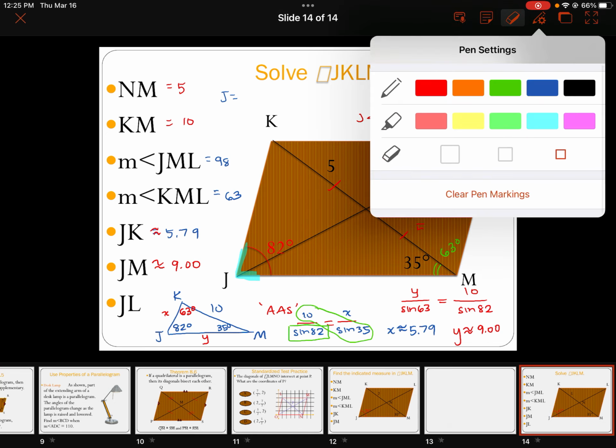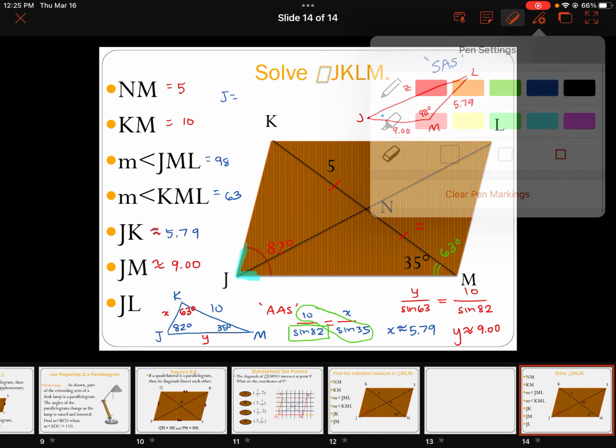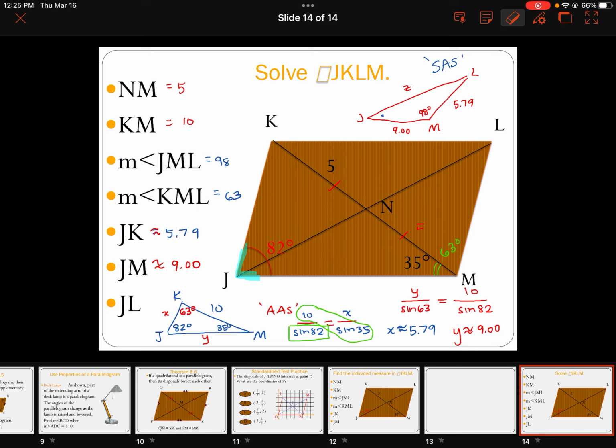Okay, so we have that arrangement side angle side. So we actually don't need to find that angle we were calling J. We can go right to finding that lowercase z.